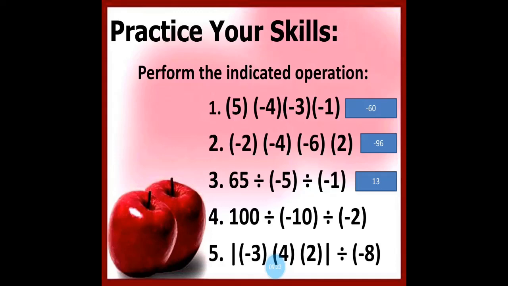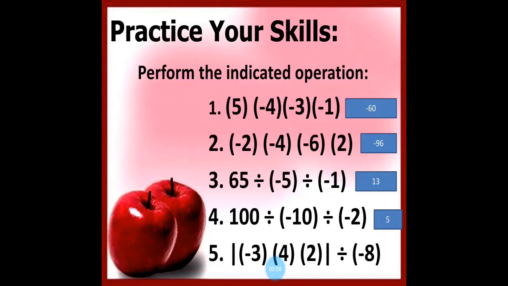How about the next one? How many negative numbers do we have? We have 2. And 2 is an even number. Therefore, the quotient will be positive. So what is 100 divided by negative 10? That is negative 10. Negative 10 divided by negative 2. The answer is positive 5. Okay, so let's have number 5.